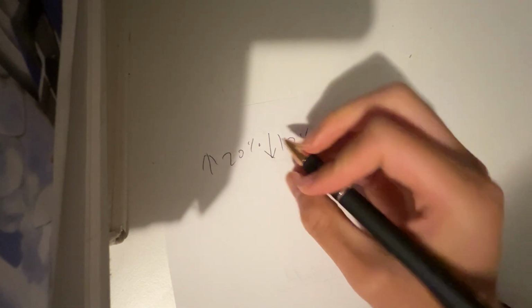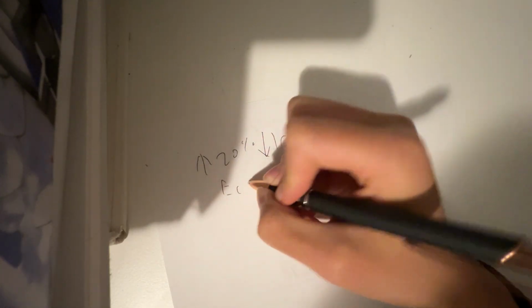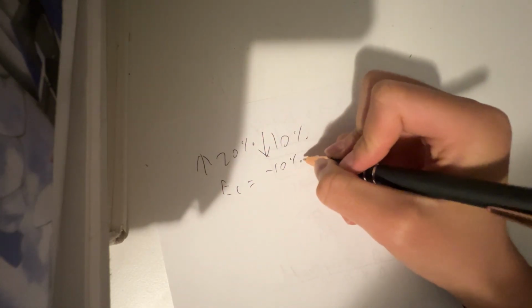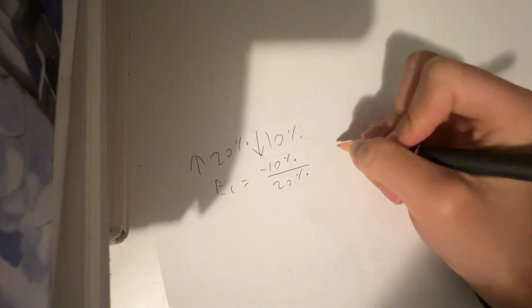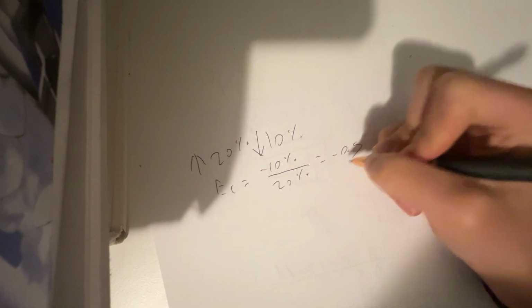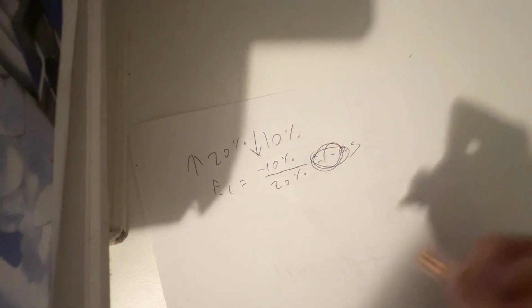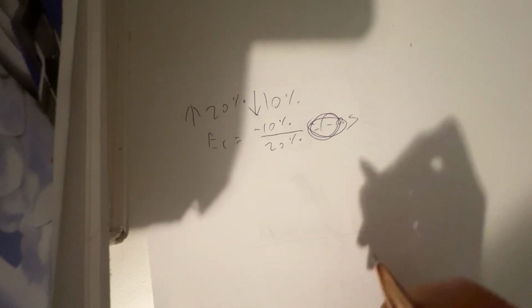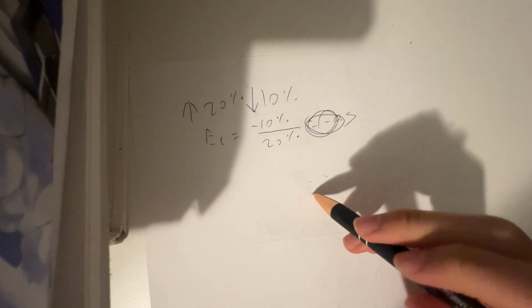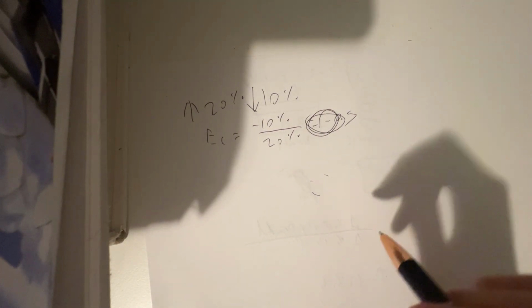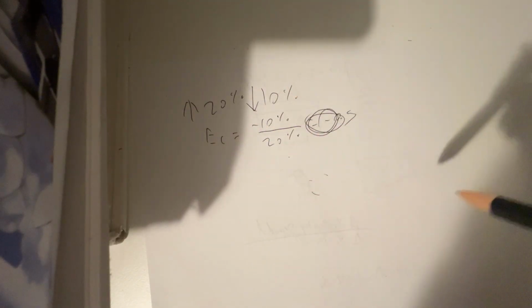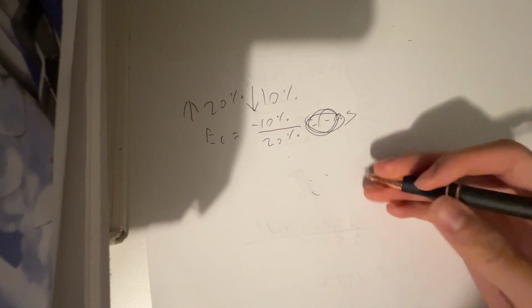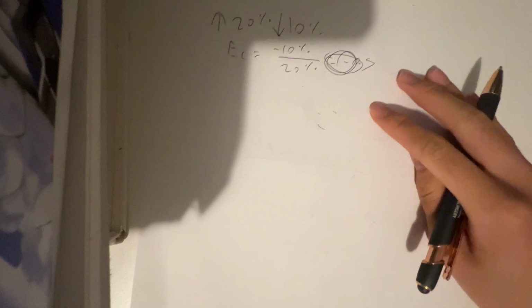That means the cross price elasticity is negative 10% over 20%, and then this is negative 0.5. See this negative sign? Yeah, that means that milk and cereal are complements. And that makes sense because I like to put milk in my cereal, so I'm gonna buy both.